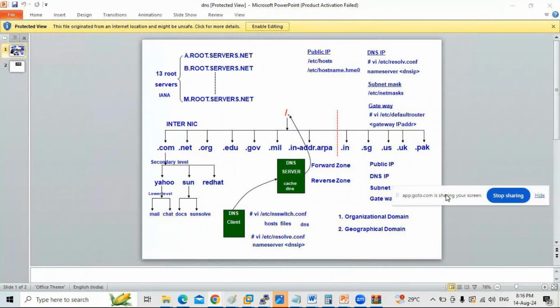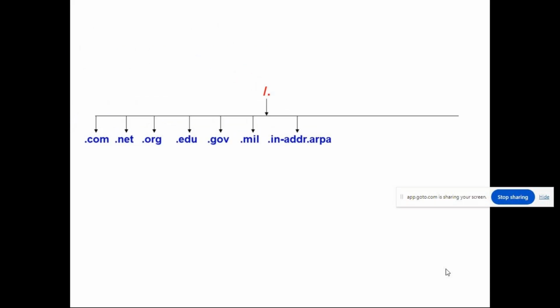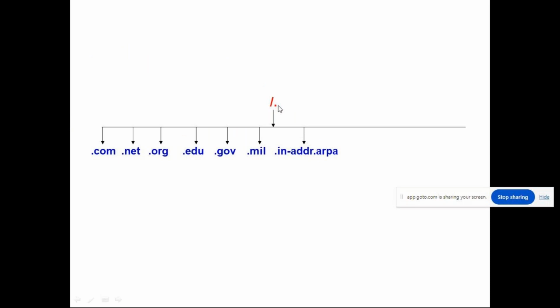So, this is called the DNS hierarchy. To understand how the host file maintenance problem is resolved in DNS, understand the DNS hierarchy. There is a root zone, either slash or dot. Slash or dot indicates the root zone.